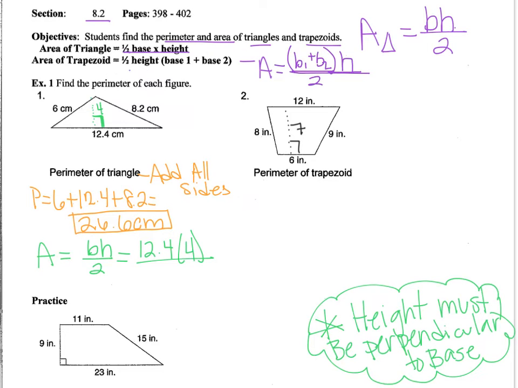And we needed to cut it in half, because a triangle is half of a parallelogram. So I do my multiplication first and get 49.6, and then I divide that in half and get 24 8/10 centimeters squared. When finding area, I always square it because I have 2 dimensions.